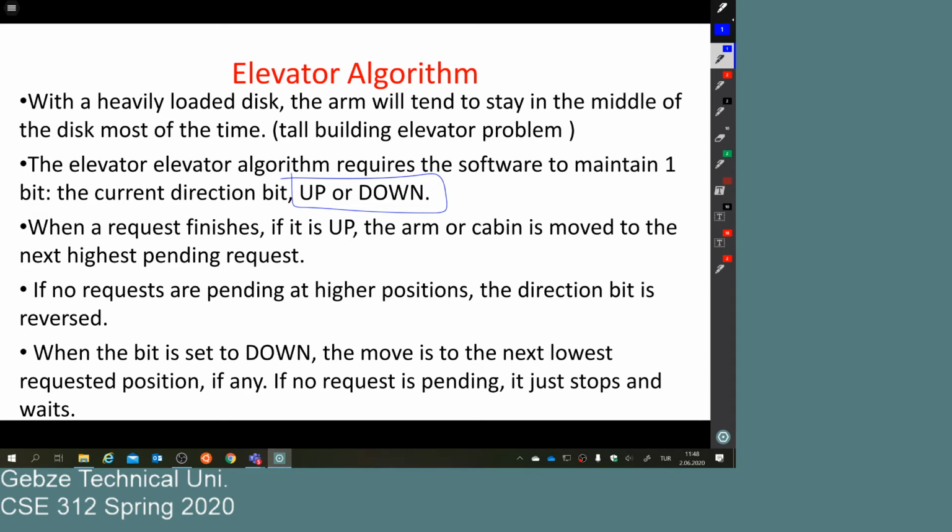When a request finishes, if it is going up, the arm is moved to the next highest pending request. If there are no pending requests in the up direction, then I switch to down. This way I am efficient. It's like shortest seek first, but it also pays attention to the up and down directions.